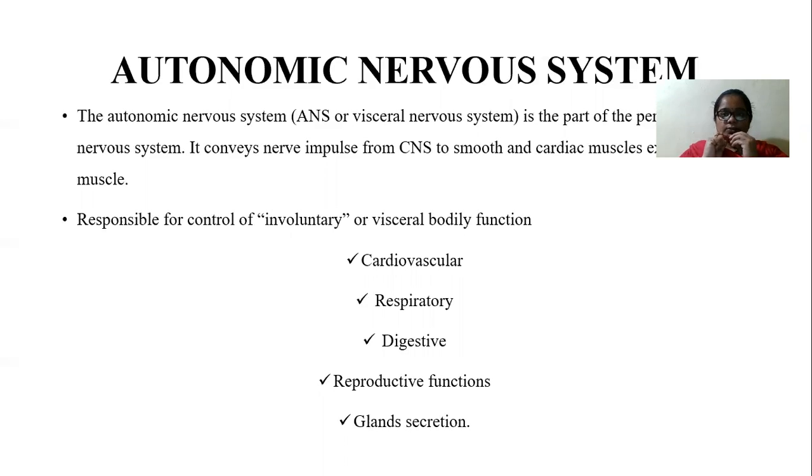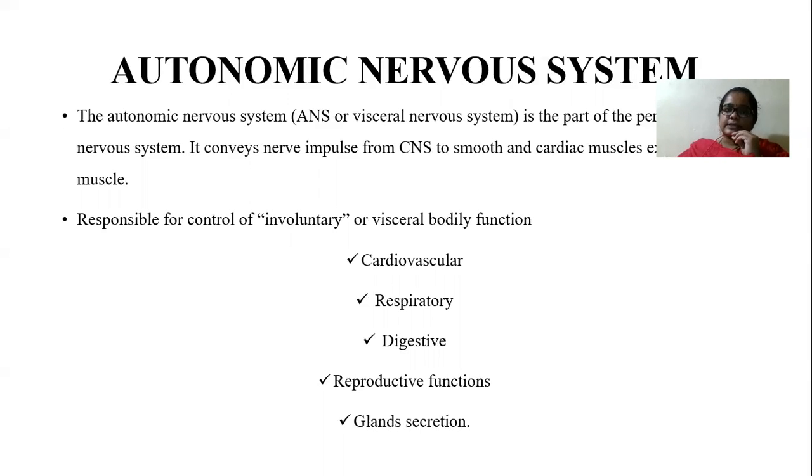ANS is also known as the visceral nervous system and the involuntary nervous system, and it is a part of the peripheral nervous system. It conveys nerve impulses from the CNS to smooth muscles and cardiac muscles, except skeletal muscles.